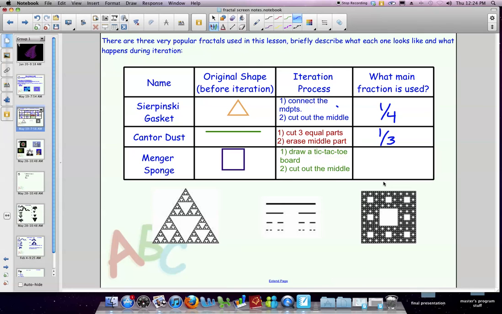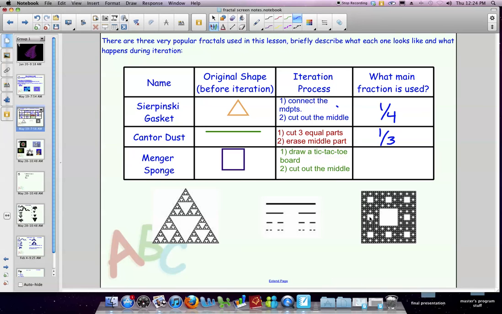The last one we're going to look at is called the Menger sponge. To create a Menger sponge, you take a square, which is this right here, and you draw a tic-tac-toe board in it. In other words, you split it into 9 equal parts. And again, with this one, you cut out the middle. So what you're left with then is 1, 2, 3, 4, 5, 6, 7, 8 squares.